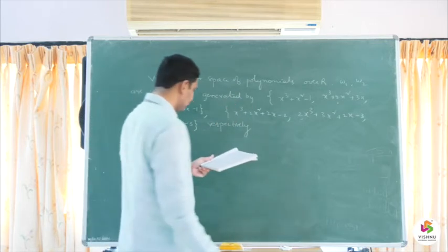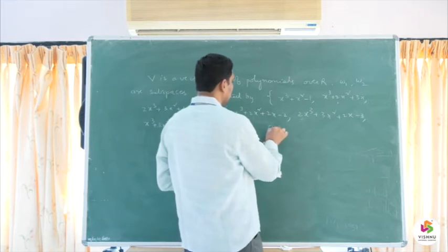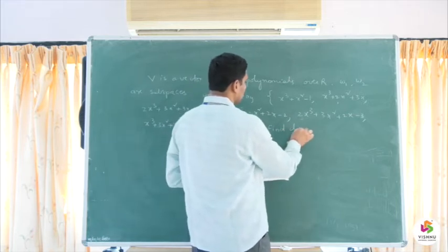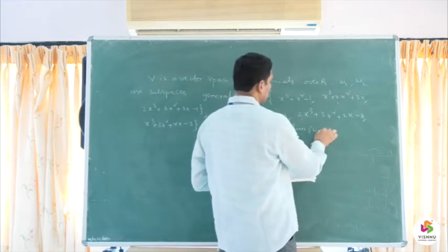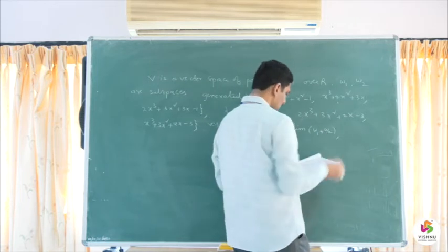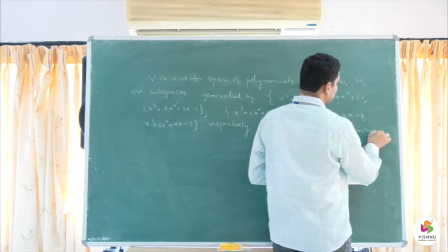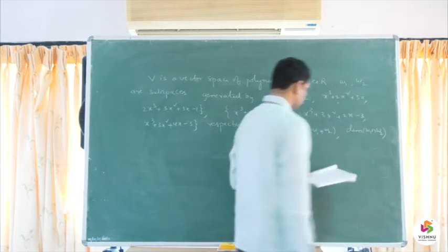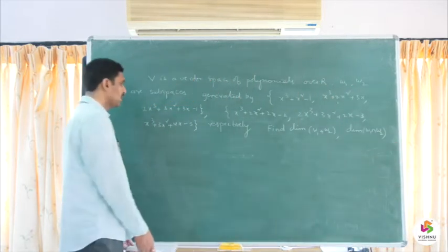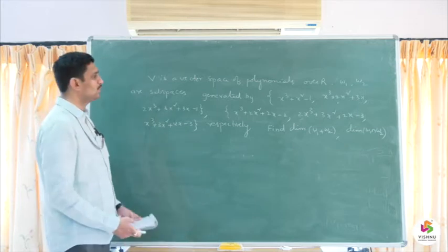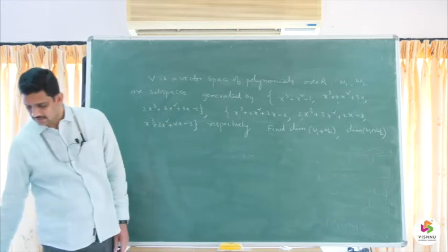Now, the question is: find the dimension of W1 plus W2 and the dimension of W1 intersection W2. This was the question given there. Please take note of this, then we discuss it.